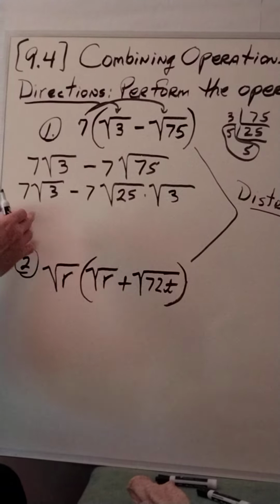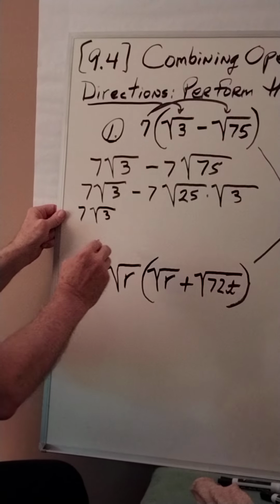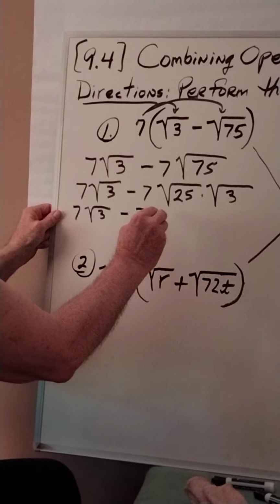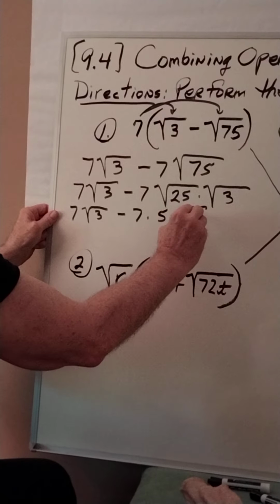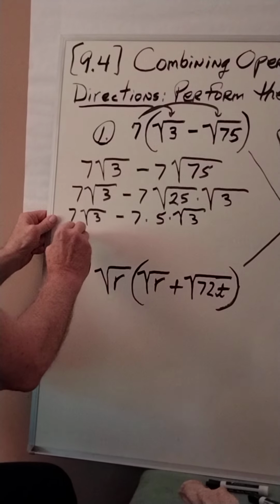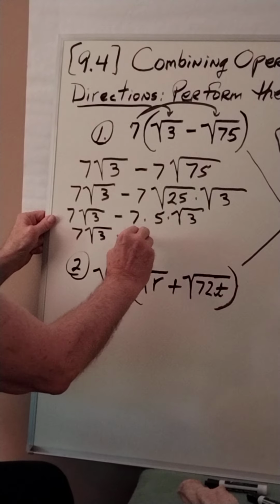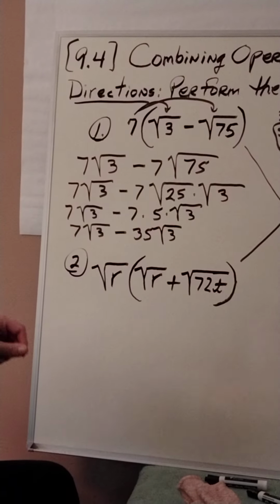Now let's come back down. 7 root 3, carefully, negative 7 times 5 times root 3. 7 root 3, negative 35 root 3.